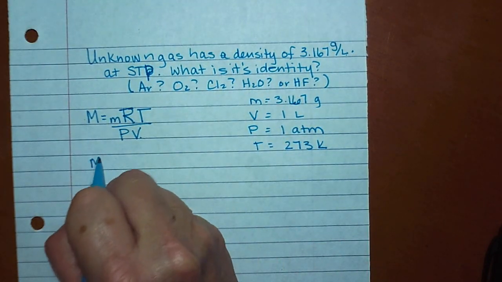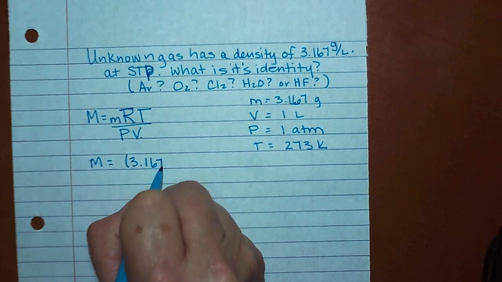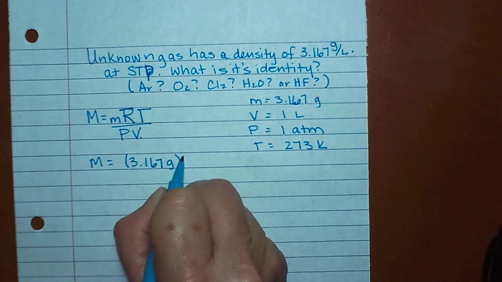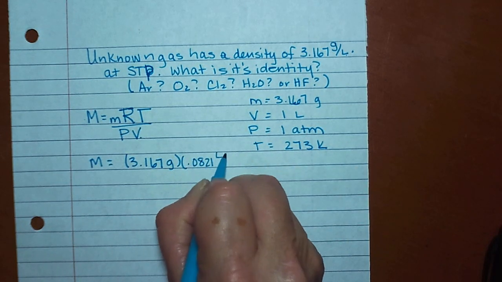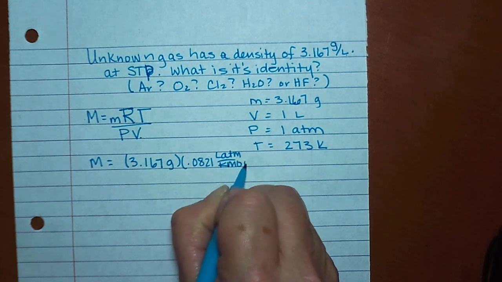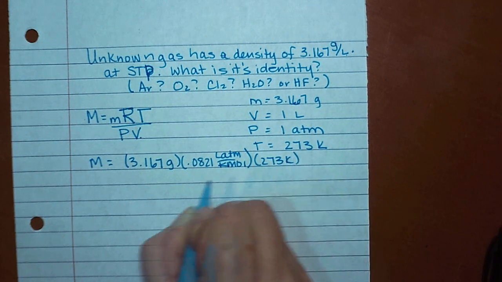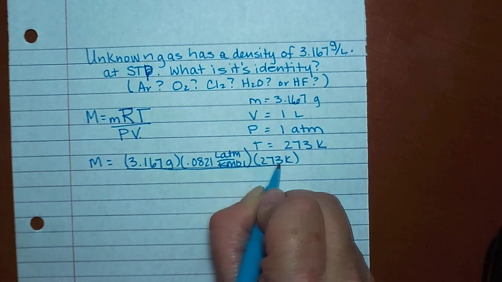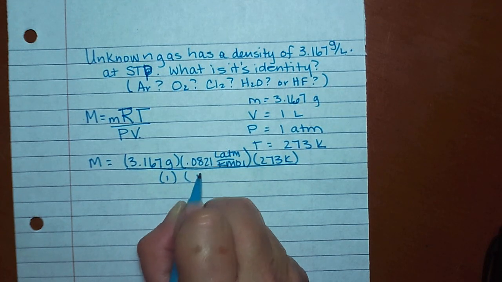So my molar mass is equal to 3.167 grams times R, 0.0821, temperature 273 Kelvin, all over pressure 1 atm, volume 1 liter.